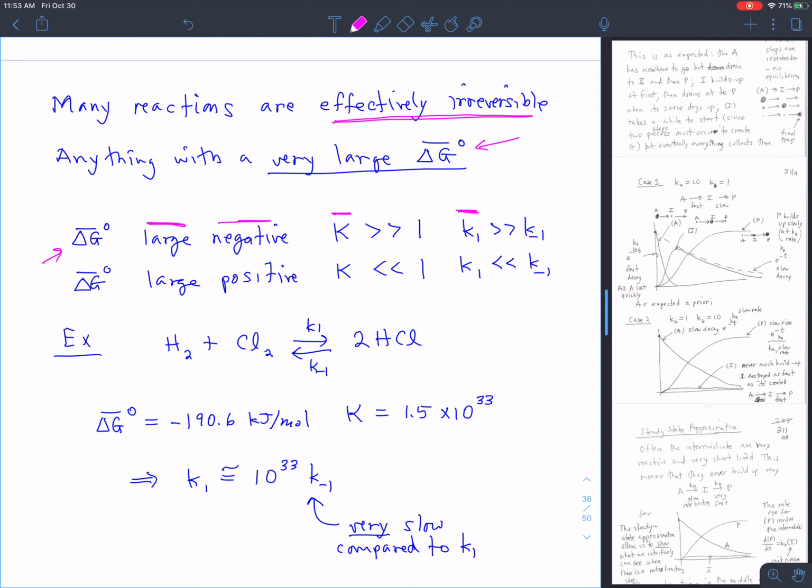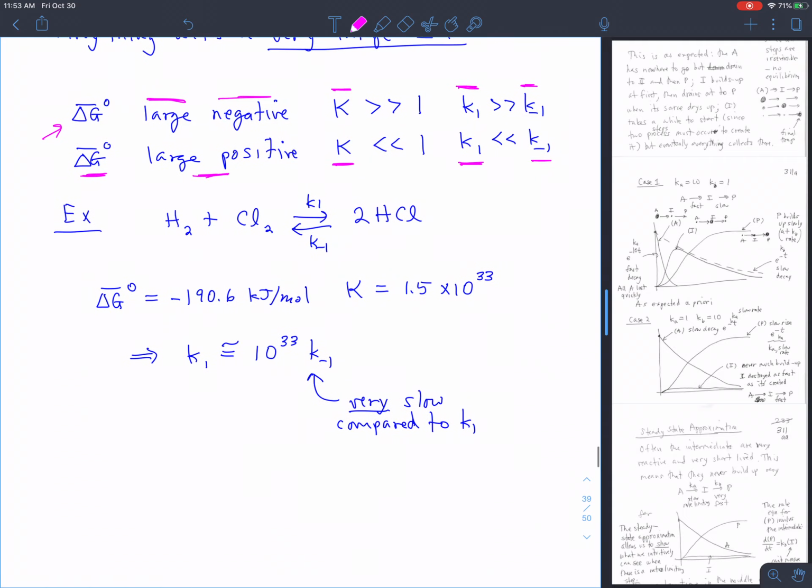The forward rate constant will be much, much greater than the reverse rate constant, and it will look like a forward irreversible reaction. If delta G is large and positive, then everything is reversed. The equilibrium constant is very small. K1 will be much smaller than K minus 1, and it will look like it's effectively irreversible in the backward direction.